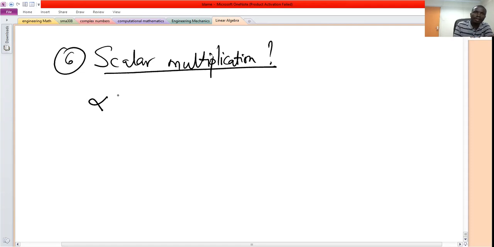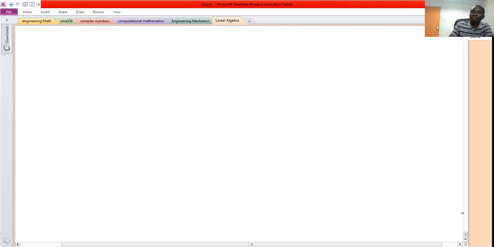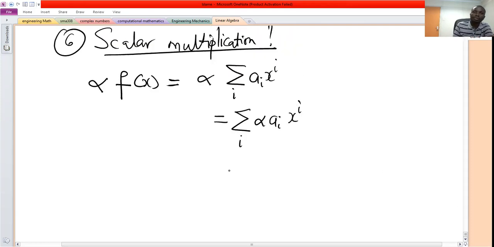If I pick alpha multiplied by f(x), I'll have alpha times the summation of a_i x^i, and then, by properties of elements in F, this summation can be written as the summation of alpha a_i x^i, which is actually an element in this set F, where alpha a_i is just a constant.